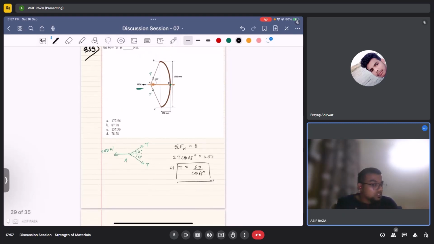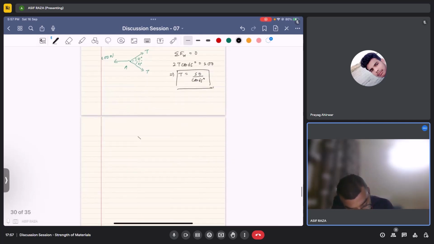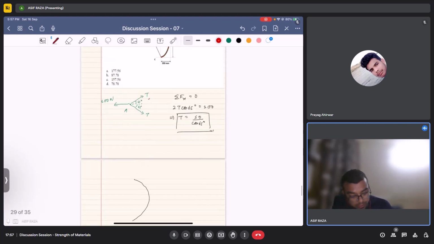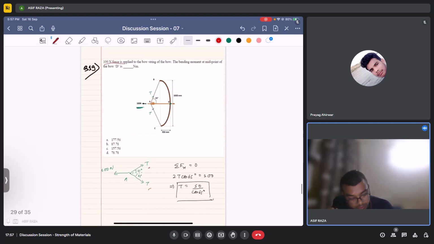Now let us take the section of the bow itself. It would be like this. Since tension T is there, here the tension T would be around like this.